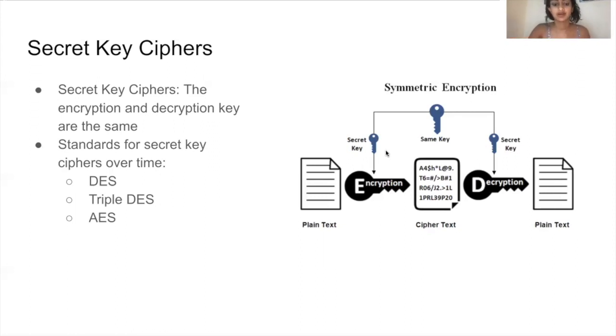So how does it work? AES essentially uses 4 scrambling operations per round, and the number of rounds of encryption depends on the length of the key. So like I said before, there are 3 different key lengths: 128, 192, and 256.